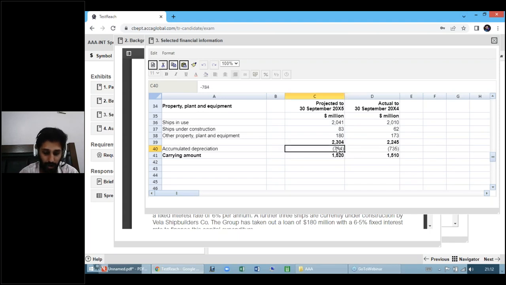So 784 minus 735, the depreciation is increasing by 49 million. Information is not given on the separate depreciation. However, we can assume that there is a risk that it is not being separately categorized.